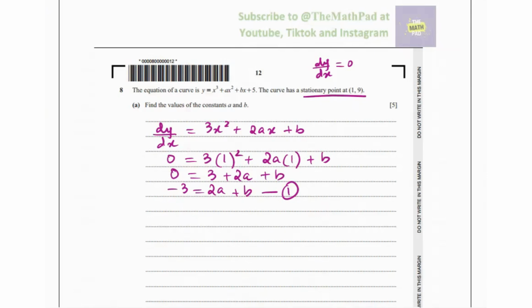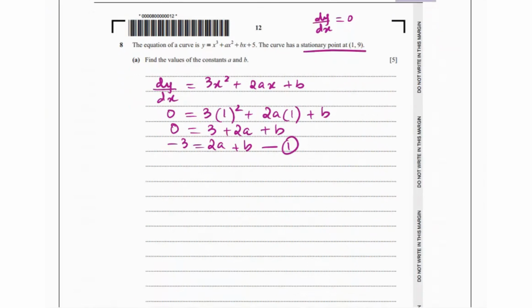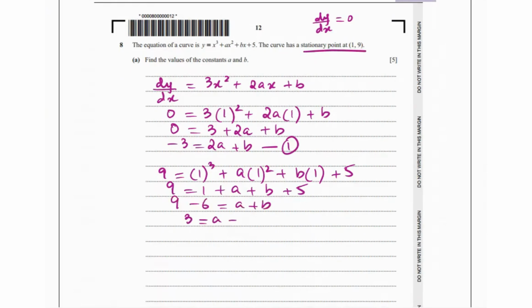Then we can solve them simultaneously to find the values of a and b. So 9 equals 1 cubed plus a times 1 squared plus b times 1 plus 5. Nine minus 6, and that's 3.